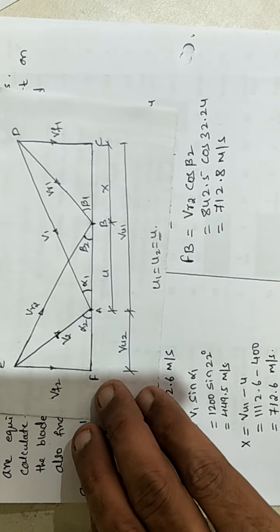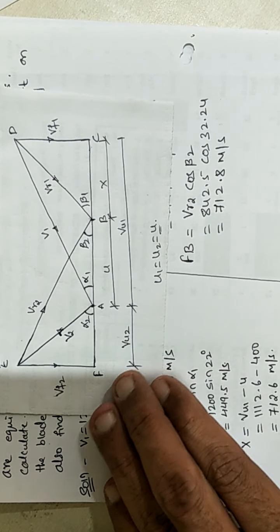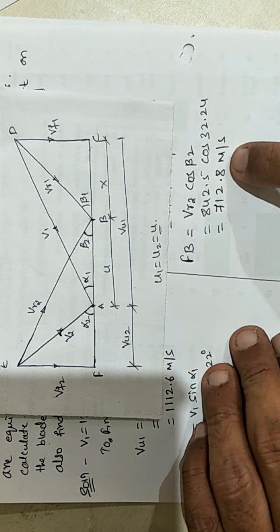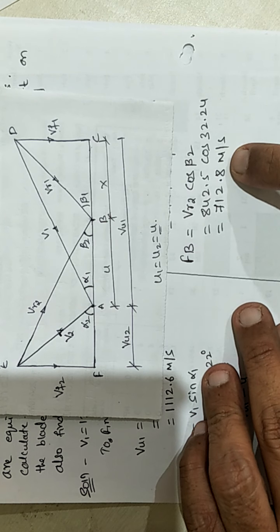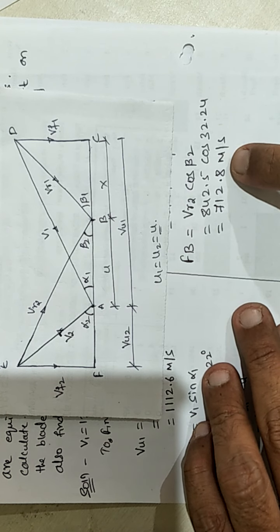So we have calculated the value of FB, which is 712.8 meters. But I need to calculate FA here. FA is nothing but VU2.